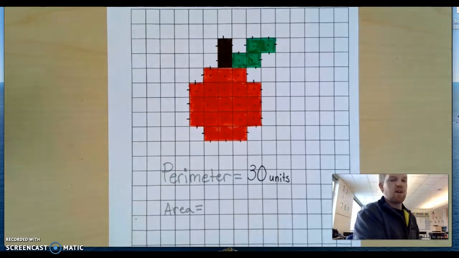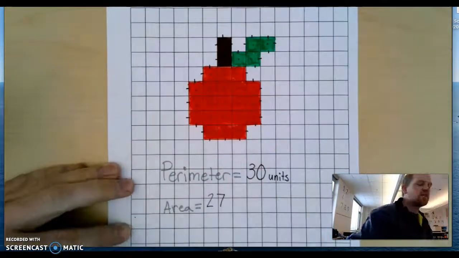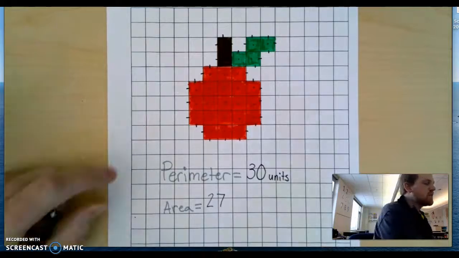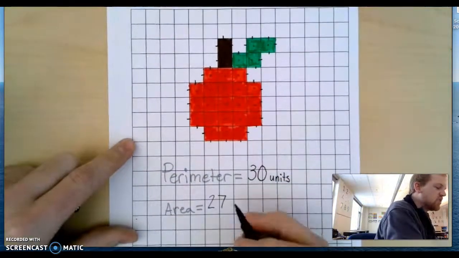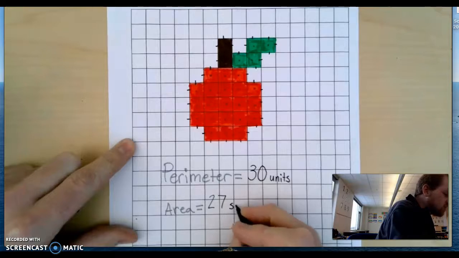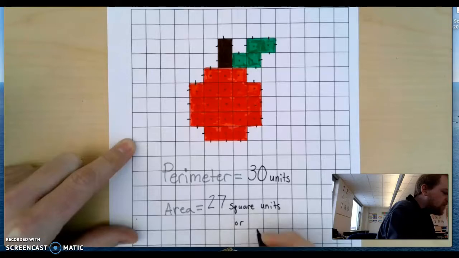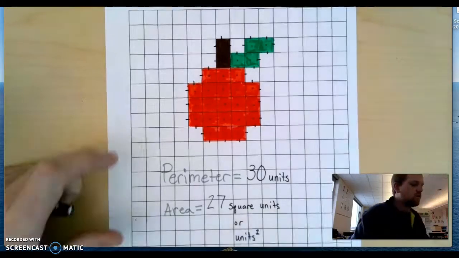So my area becomes 27. Now this is a little bit different, because when I'm dealing with area, I'm not just in units. I'm counting these full squares, which tells me that I'm in square units, or another way to write that would be units squared.